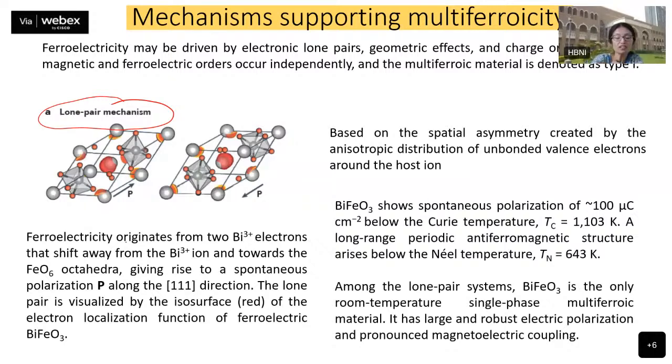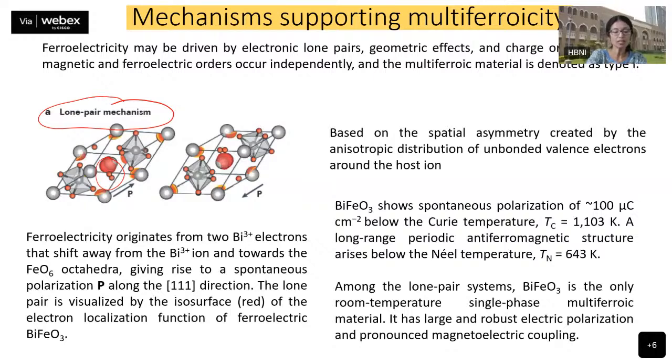Here the ferroelectricity originates from two bismuth 3+ lone pair electrons that shift away from the bismuth 3+ ion, as you can see over here, and towards the FeO6 octahedron, giving rise to spontaneous polarization P along the 111 direction. This is a 111 direction and it gives rise to a spontaneous polarization along that direction.